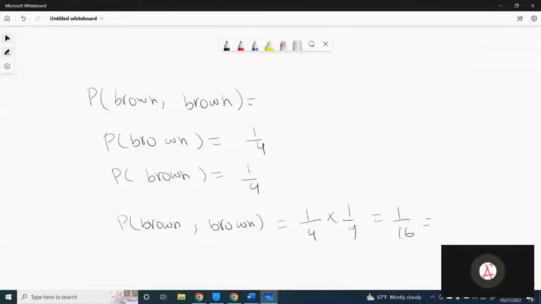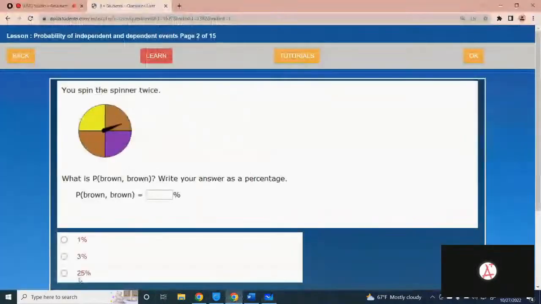You have to write the answer in percentage form. So 1 by 4 is 0.25, and it would be 25%. Got it? So just select the correct option and then move on to the next question. It is 25%.